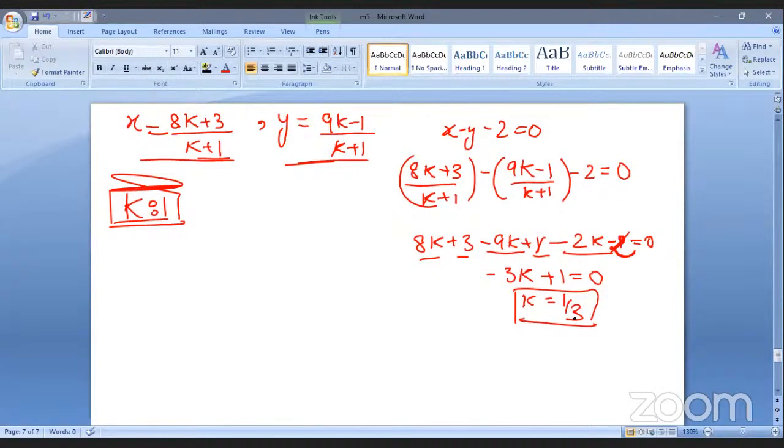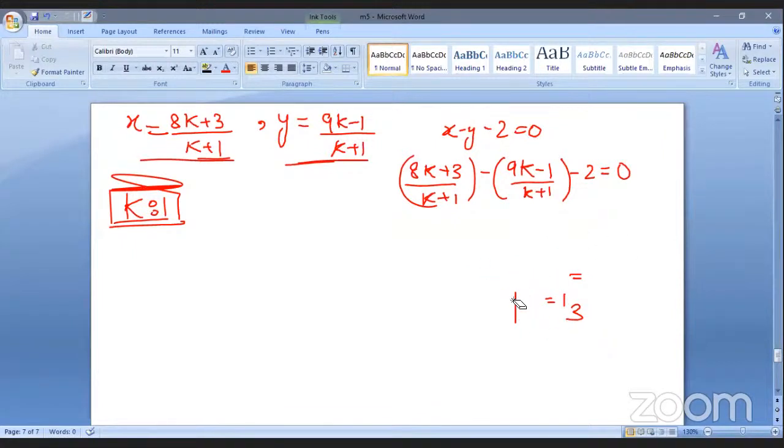And then when we solve it, we'll get k equals 1 by 3. I got 2 by 3, ma'am. Ma'am, it will be 2 by 3. Minus 2k, it will be 2 equals 3 minus 2, ma'am. Okay, let me check it once again.